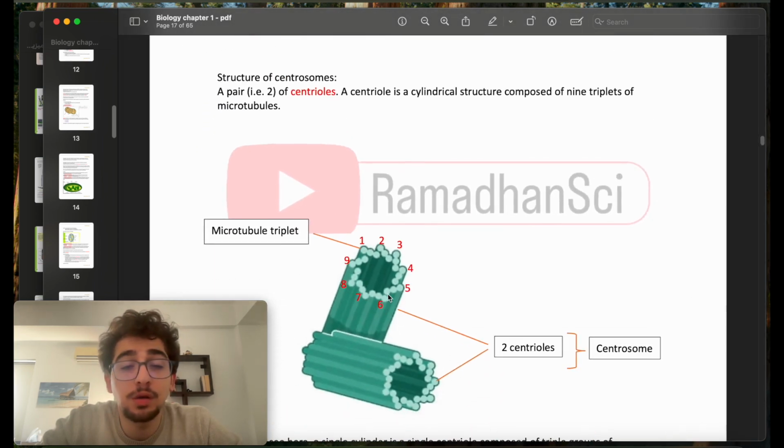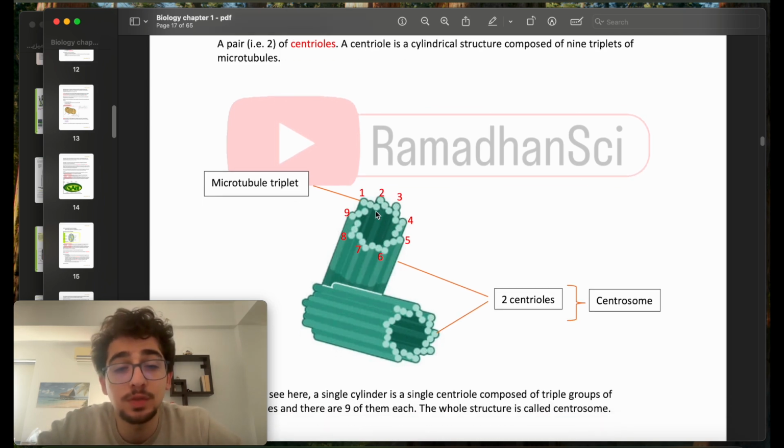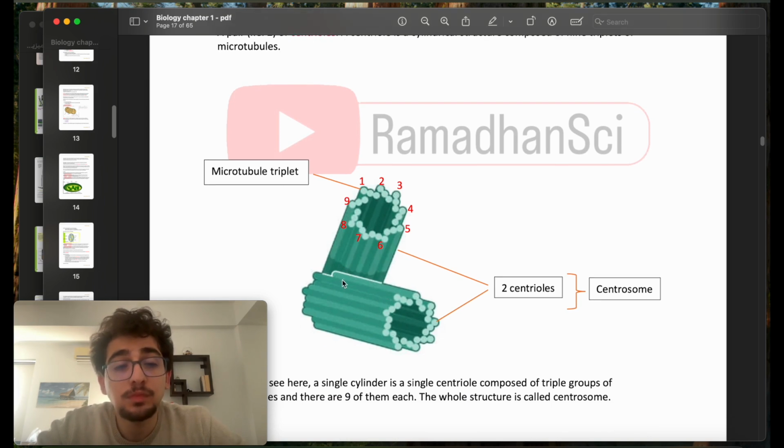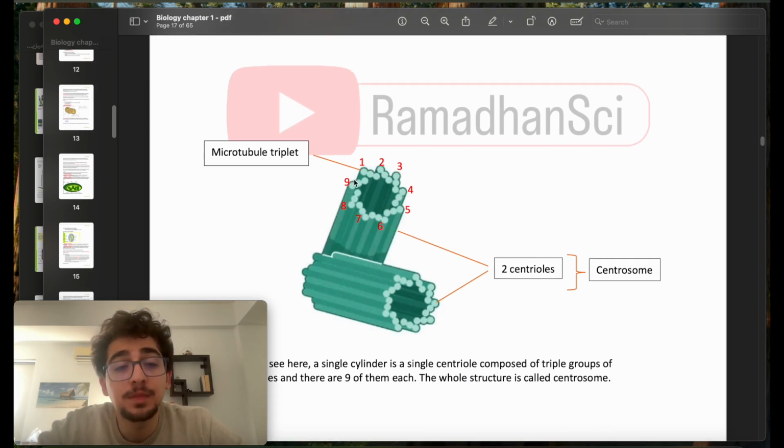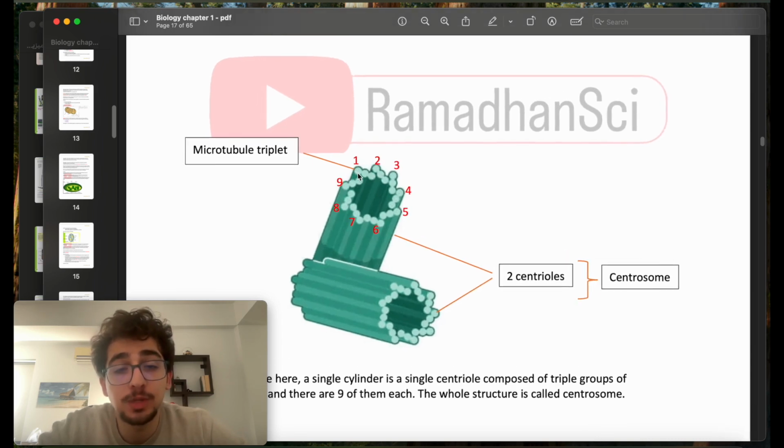So here is the structure of the centrosome. We have two centrioles. This is 1 and this is 2. And they are made up of microtubule triplets. We have 9 triplets of microtubules, as you can see from 1 to 9. Triplets means like 3 groups of microtubules repeated 9 times, okay?